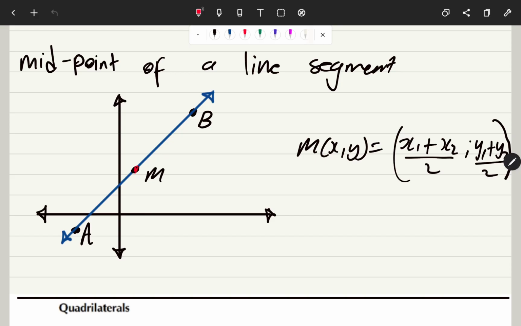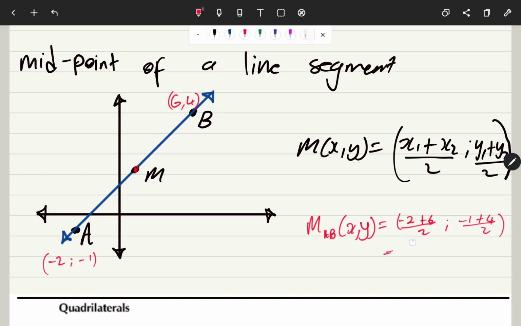So I can say, in a good example, this is 6 and 4, right? And say perhaps this is -2 and -1, right? So the midpoint of AB, this is x, this is y, is going to be, I add the x values, so that is -2 plus 6 divided by 2, and then the y values, I add them, -1 plus 4 divided by 2, right?